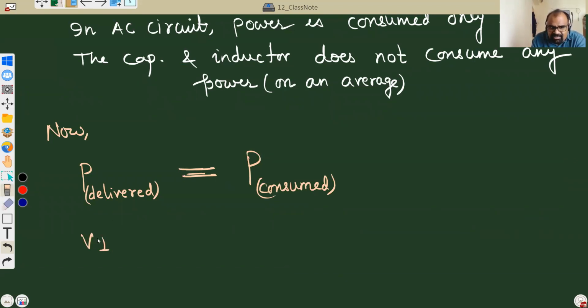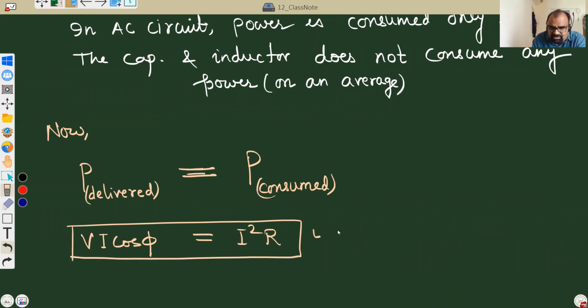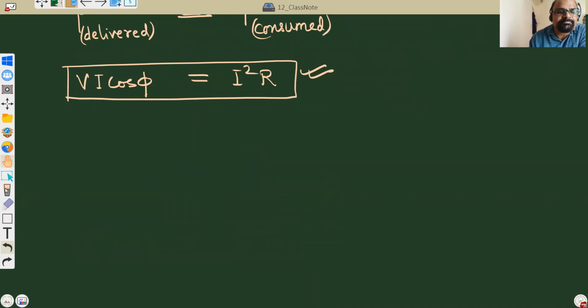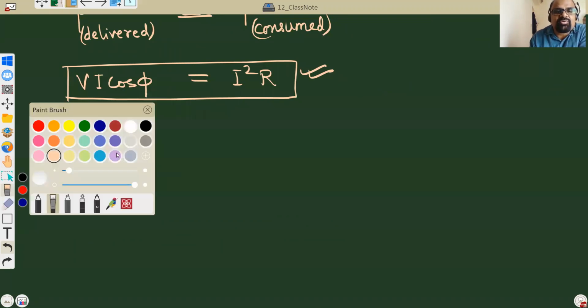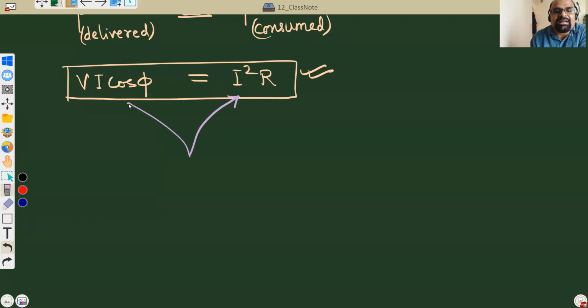The power delivered had the formula VI cos phi, and the power consumed is I square R. You can check yourself that they are actually equal, but I will do it right in front of you. These two are always equal for any circuit.